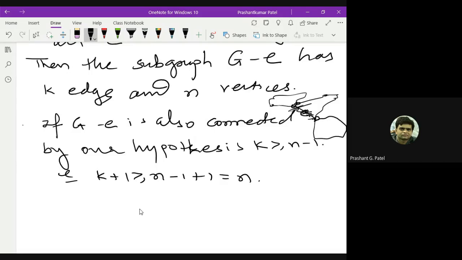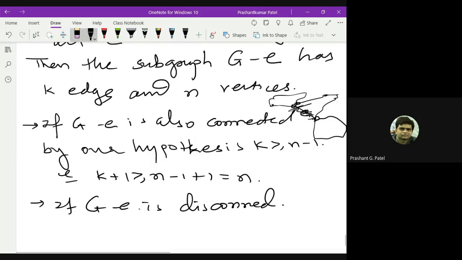Now the second situation is where this G minus E is disconnected. That means if I remove this edge, then the graph will have two components. The first one is this, another one is this one.